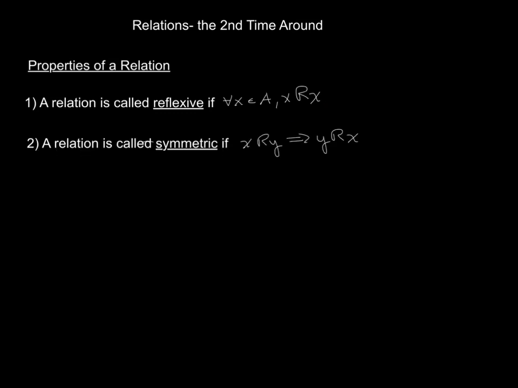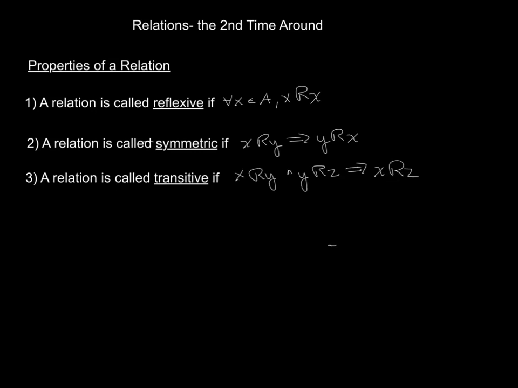So there are properties that relations may or may not exhibit. The first property we will discuss is the reflexive property, which is for all elements x of A, x is related to itself. The symmetric property says if x is related to y, then y is related to x.